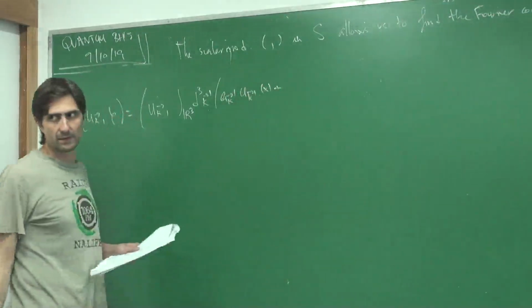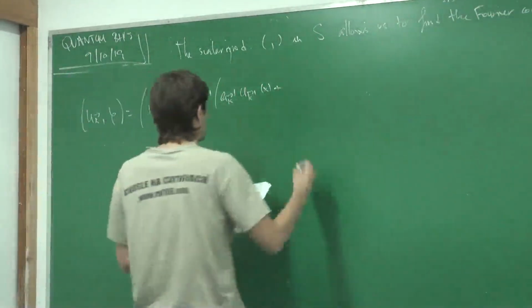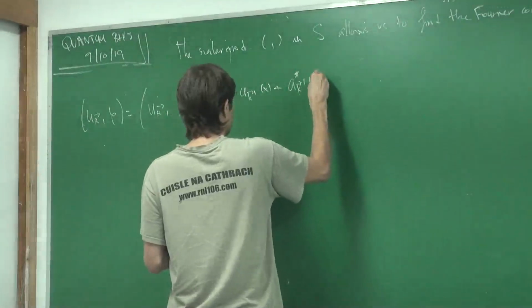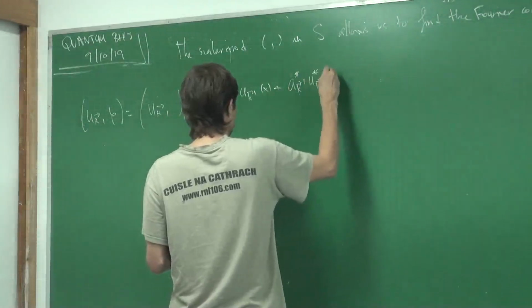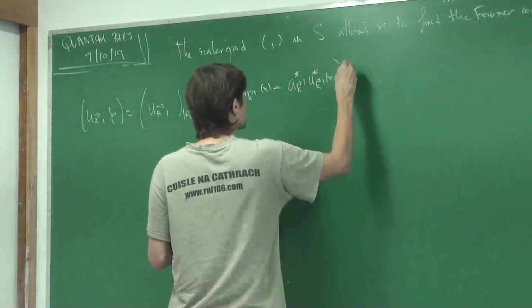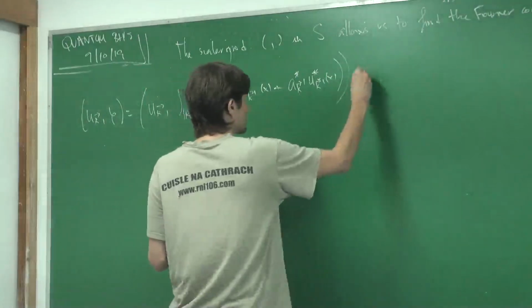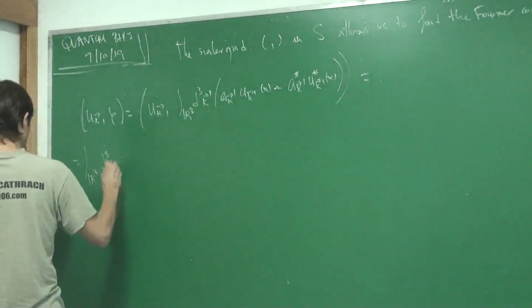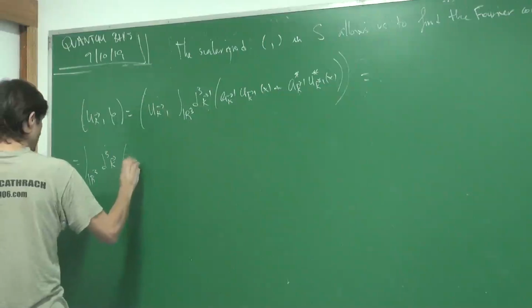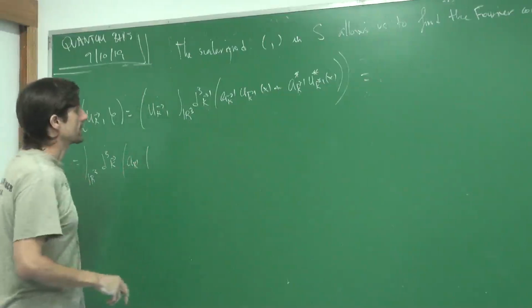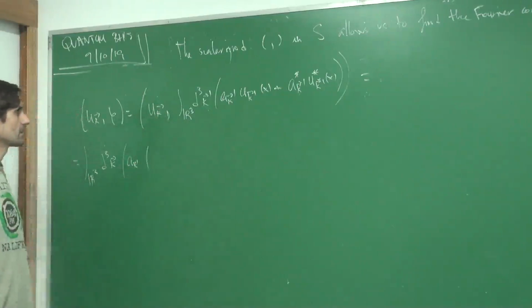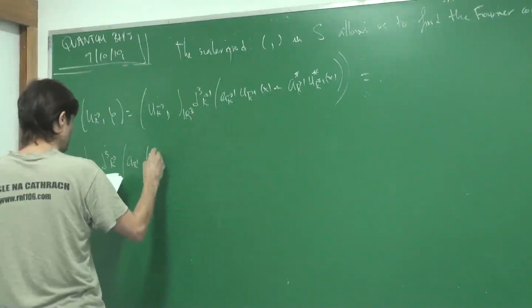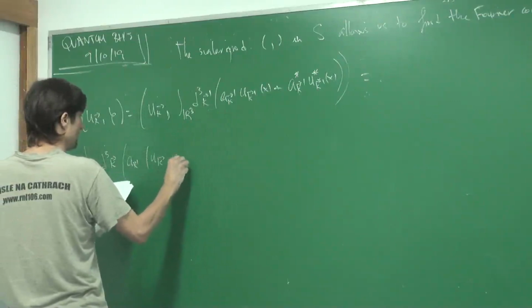I'm doing this at the classical level. Okay, so the inner product with the first one is u_k prime.